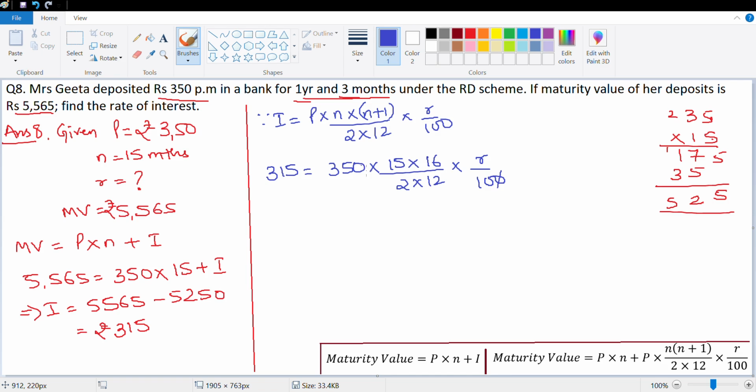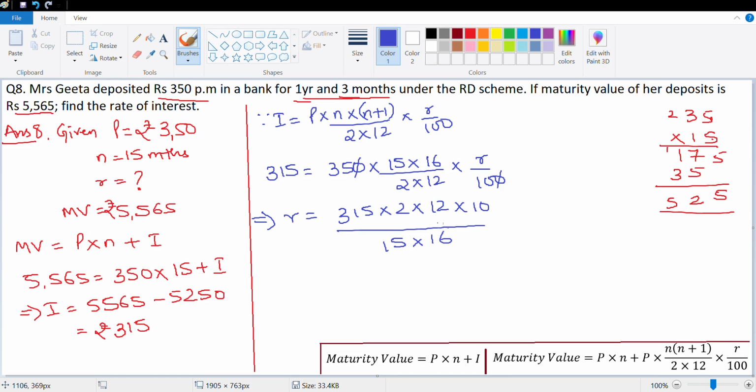Let's just cancel out 0 and let's take everything on one side so that calculation becomes easier. So this is 315 multiplied with 2 multiplied with 12 multiplied with 10, cross multiplication, upon 15 into 16.